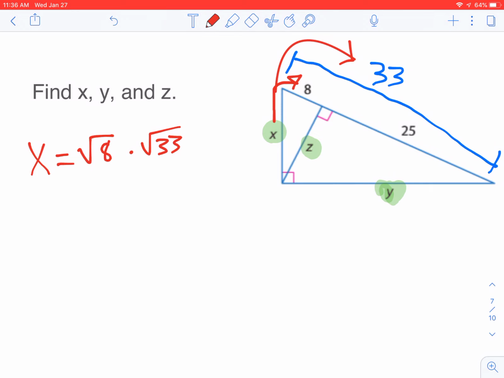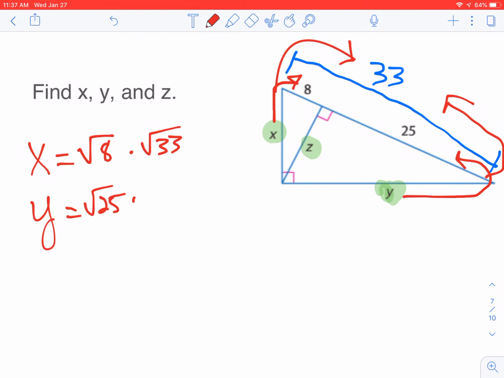I'm just telling you guys how to set them up. Simplifying is what we did in the last video if you want to watch how to do that. If I want to find y, I'm going to go to 25 and to 33. So I take 2 left-hand turns. I'm going to get root 25 times root 33, which is easy to simplify. Root 25 is 5.